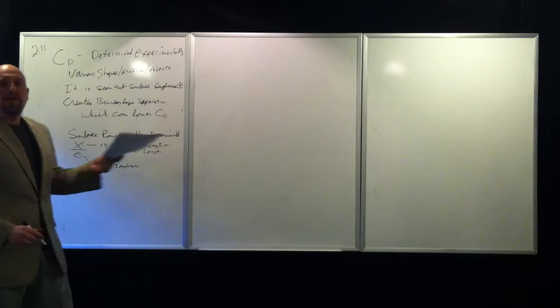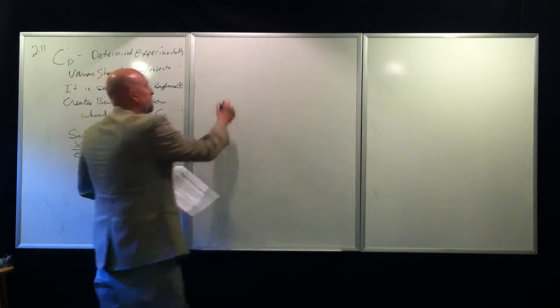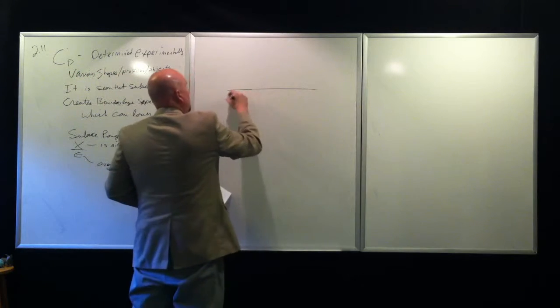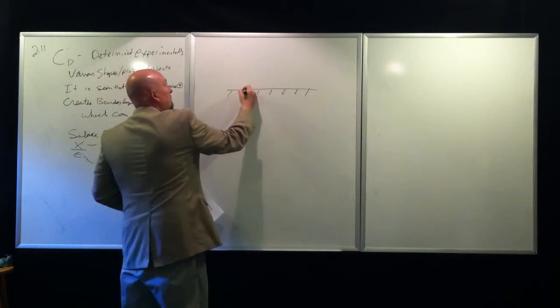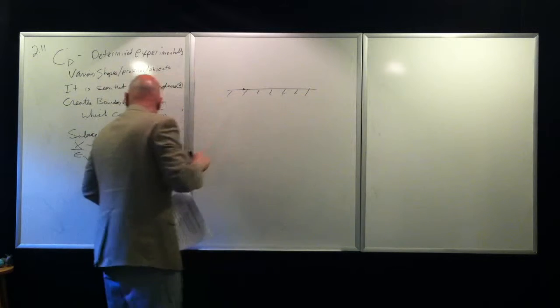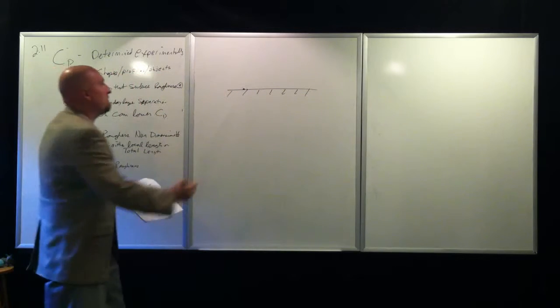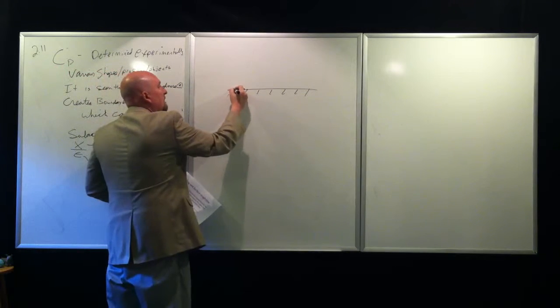So x is either going to be the local length or the total length. So if we have a plate, it could be a position here, or it could be your total length. The surface roughness is going to be the average height.